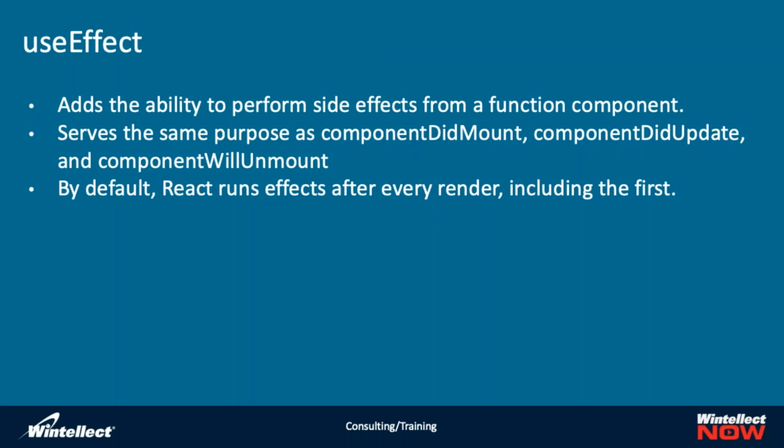The useEffect hook adds the ability to perform side effects from a function component. And as I mentioned, it serves the same purpose as the lifecycle methods componentDidMount, componentDidUpdate, and componentWillUnmount. And by default, React runs effects after every render, including the first one.